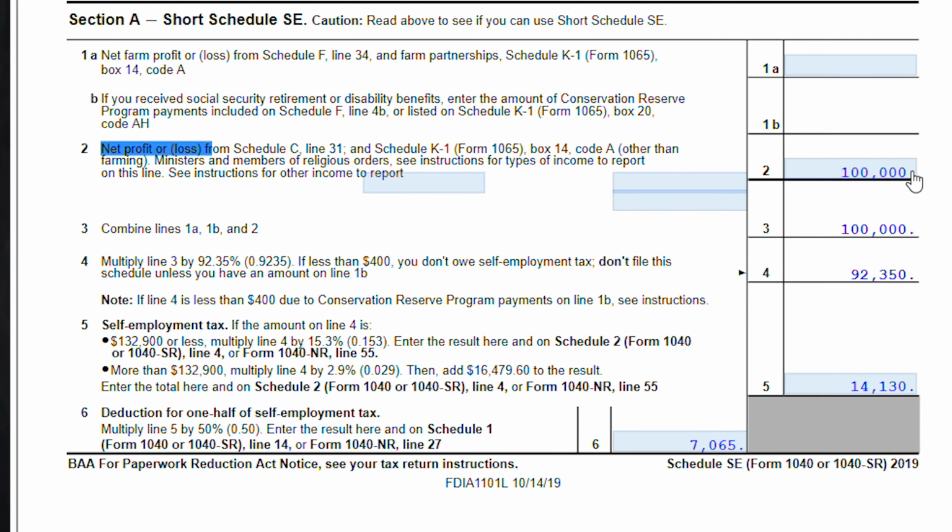Now you can't simply multiply your FICA rate, which is 15.3%, by your net profit. You actually need to take it a step further. So what you need to do is multiply it by 92.35%, which is what you can see on line 4, and that's where we get the $92,350.